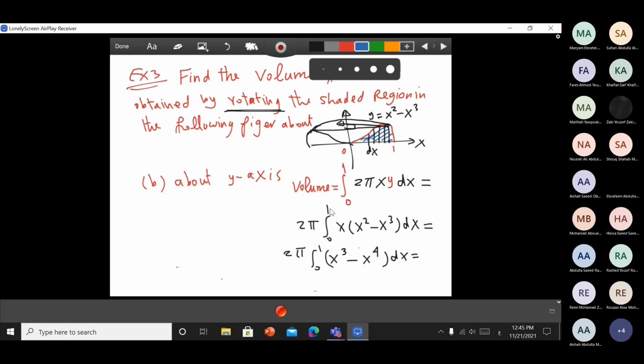This is 2 pi times the integration of x cubed, which is x to the power 4 over 4, minus x to the power 5 over 5, from 0 to 1. If you substitute by 1, you have 1 over 4 minus 1 over 5, and if you substitute by 0, you have 0. This will be in unit cubed.